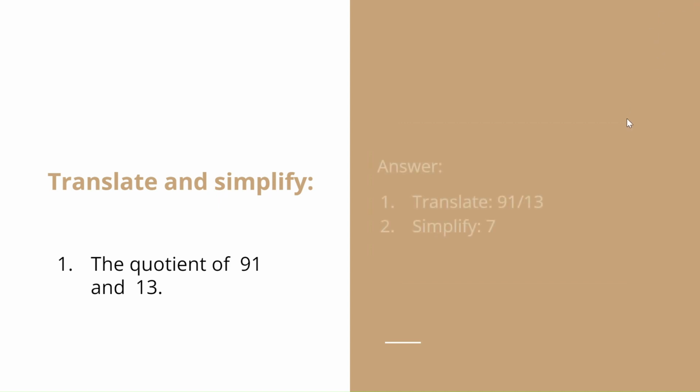Okay, I think time's up. To translate it is 91 divided by 13. And the answer will be 7. So 13 times 7 will be 91.